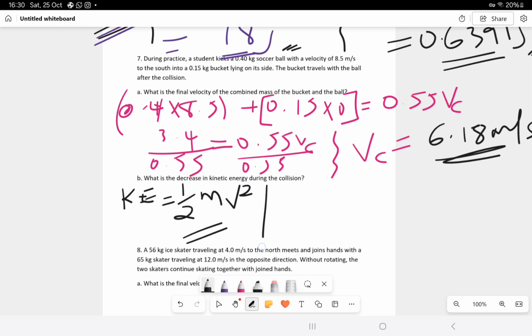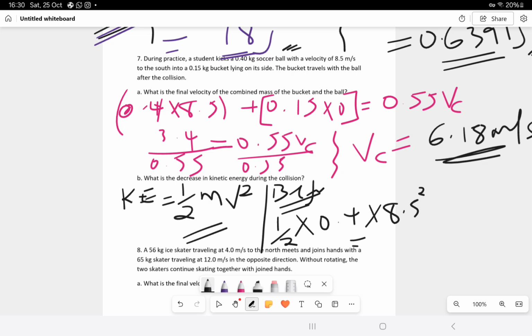We need to calculate the kinetic energy before. So before, it is a half times 0.4 multiplied by the velocity, which is 8.5, and this one you are squaring.